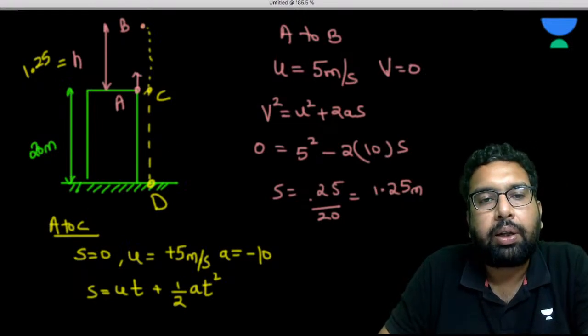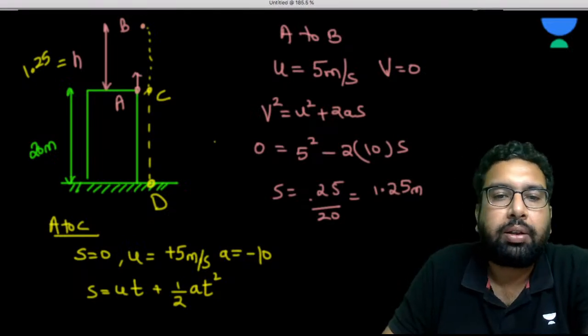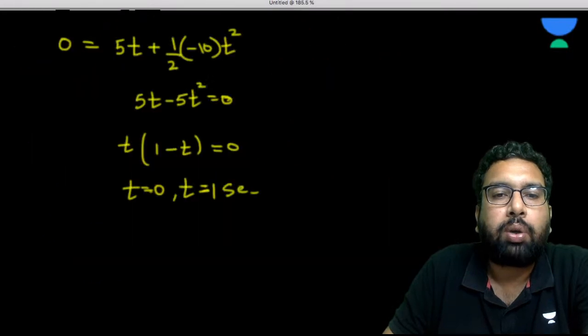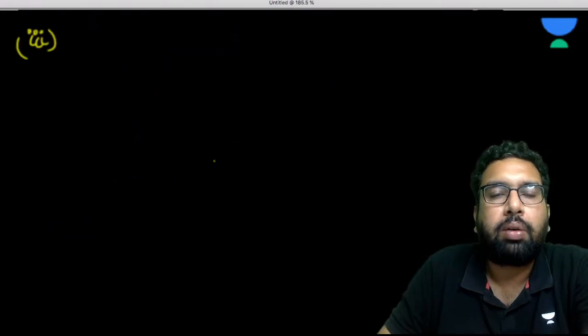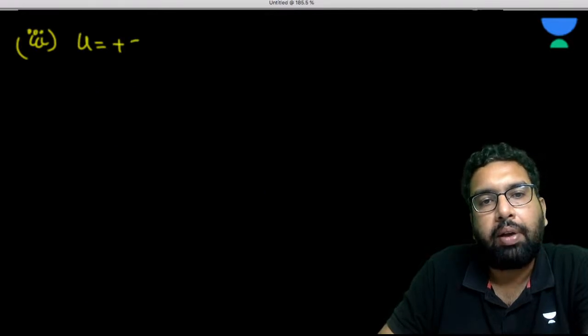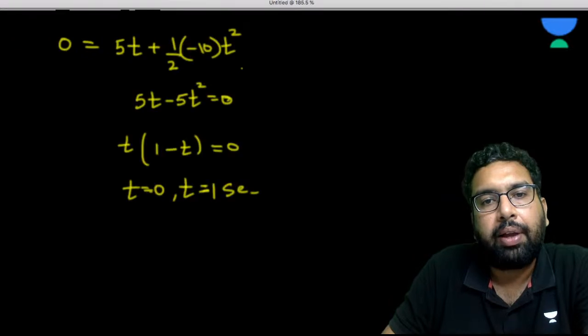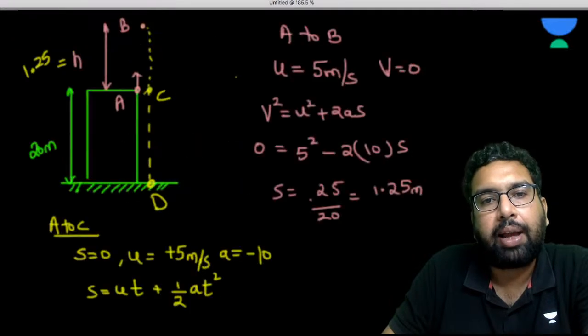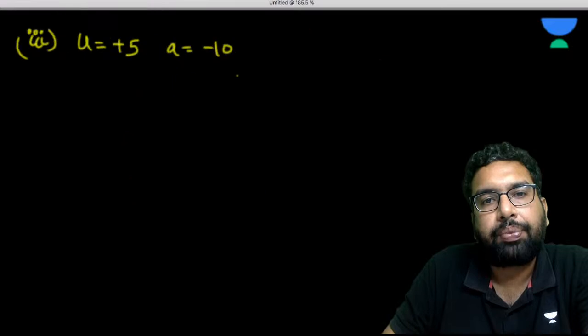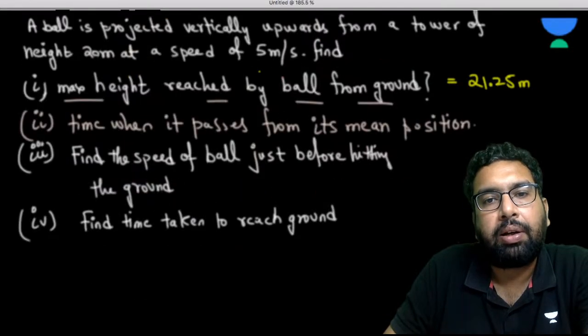Now it is asked at what velocity or what speed the ball is going to hit the ground. So we have initial velocity, that is plus 5. Acceleration, this is minus 10.